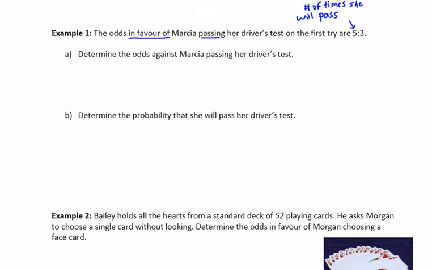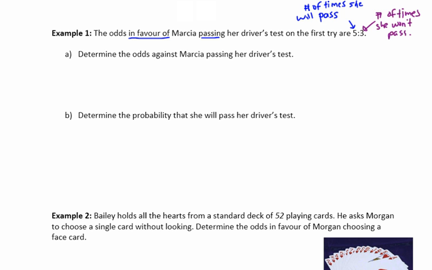And the 3 would be what? The number of times she won't pass, or fail.